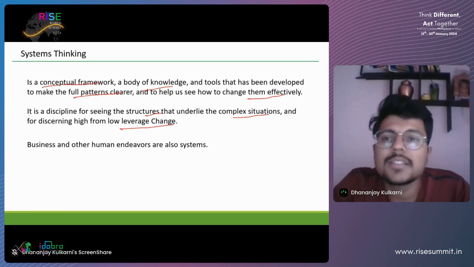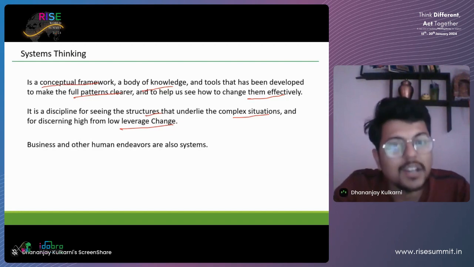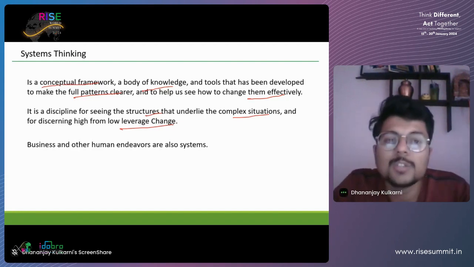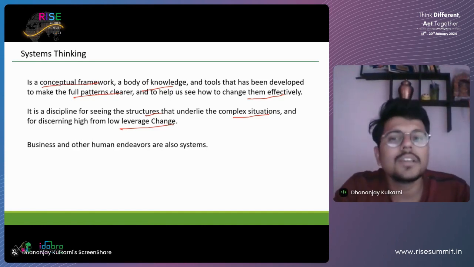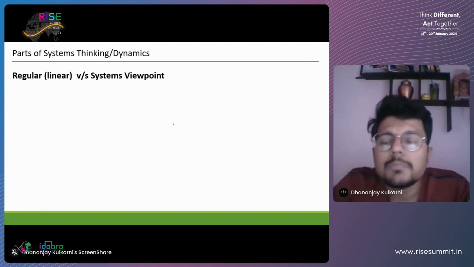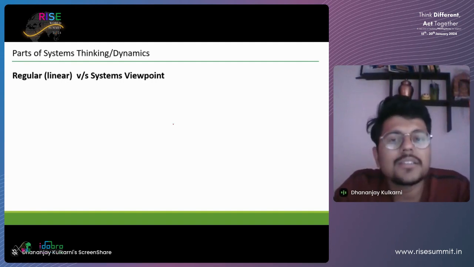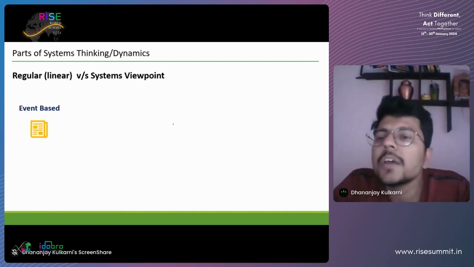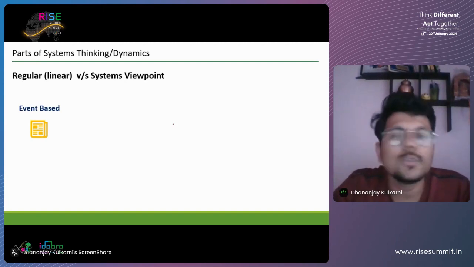In this sense, systems thinking is really important to understand what exactly is happening over there. Understanding the root cause and providing a proper solution is possible because of systems thinking, right? There are two kinds of viewpoint we can say. One is a regular or linear viewpoint, and the second is a systems viewpoint, right? The linear viewpoint is generally event based, as you can see in the news.